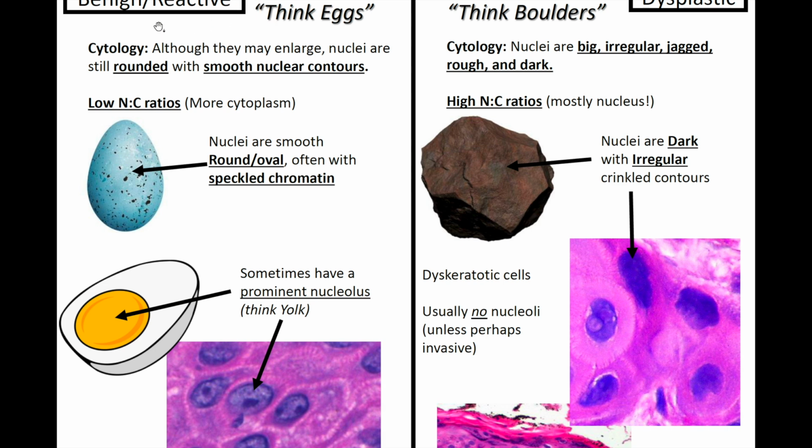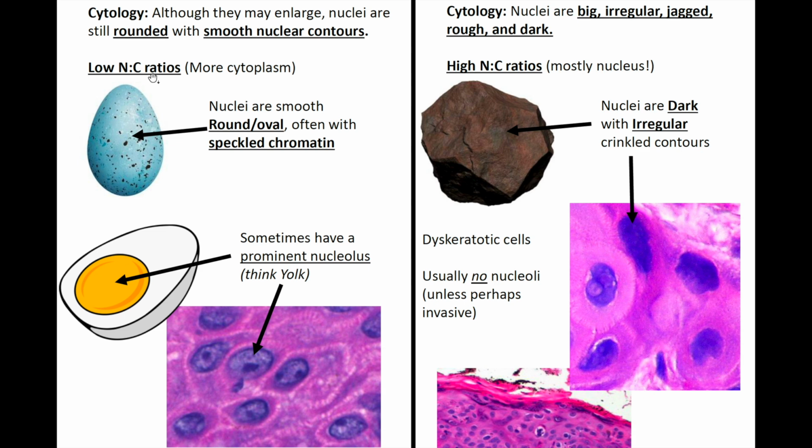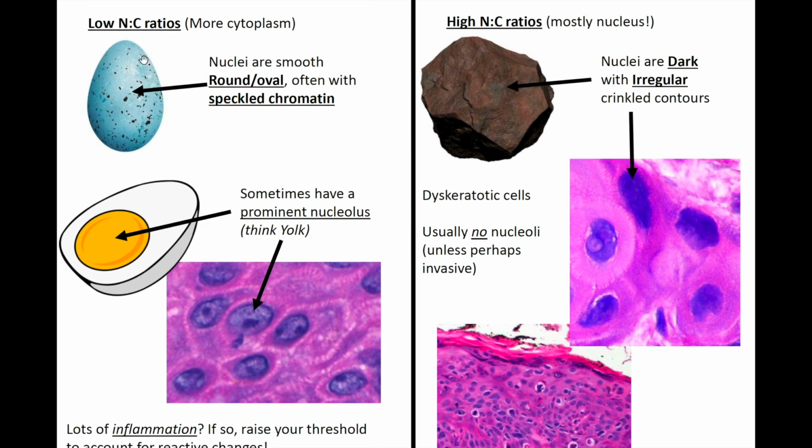Although benign or reactive cells may enlarge, the nuclei are still rounded with smooth nuclear contours. They commonly have low N-to-C ratios with more cytoplasm, and the nuclei are smooth with a round-oval appearance and often speckled chromatin, like this egg.